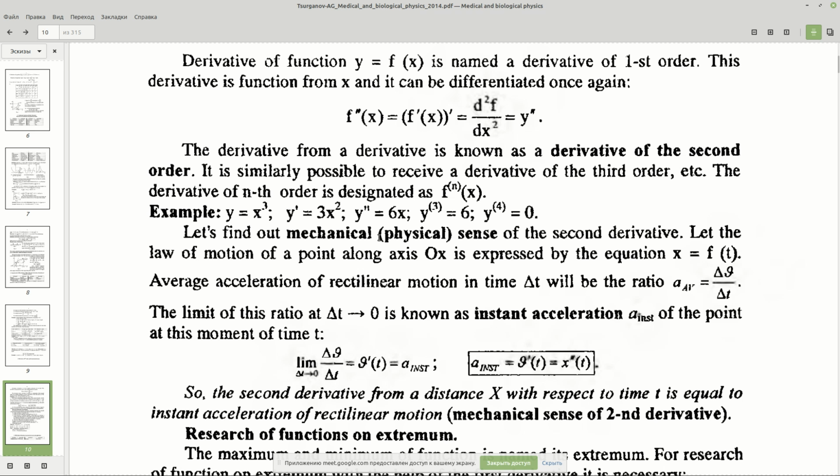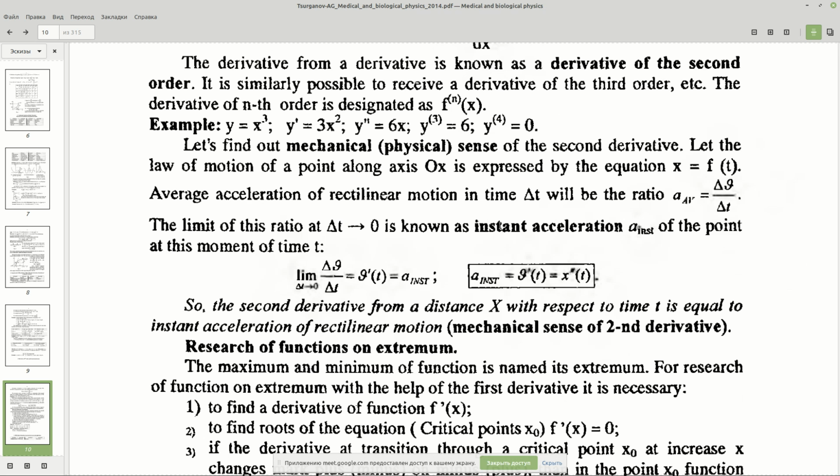The limit of this ratio as the time interval delta t goes to 0 is known as the instant acceleration of the point at this moment of time.